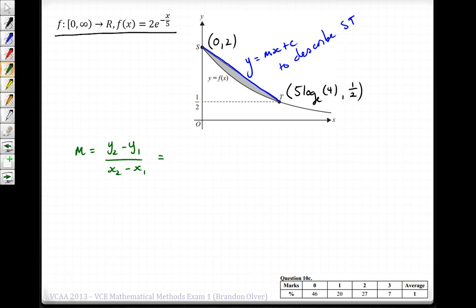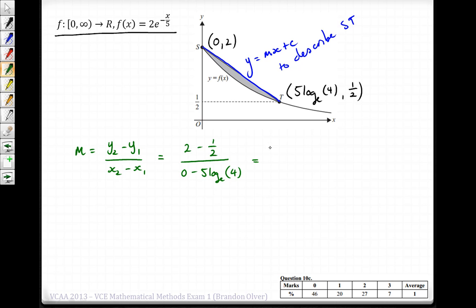So it doesn't really matter which order we go in as long as we keep it consistent. So I'm going to say that's 2 take a half over 0 take 5 log e of 4.